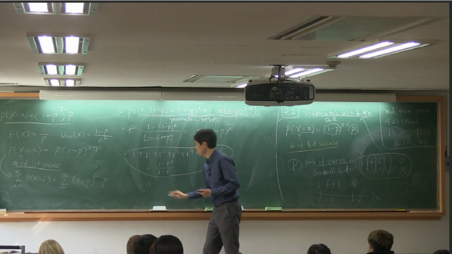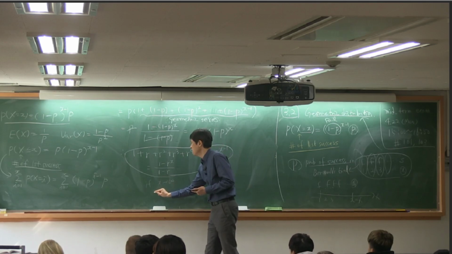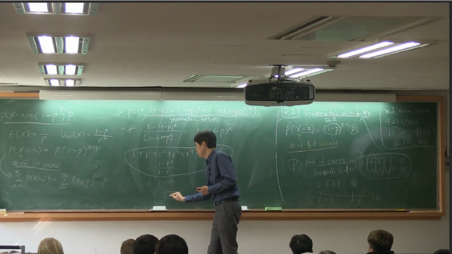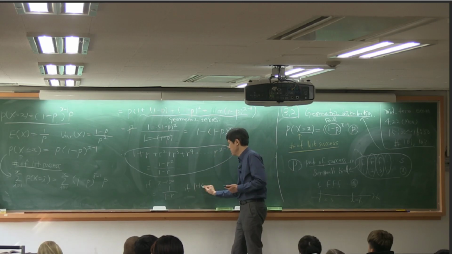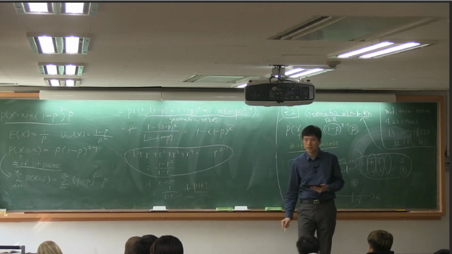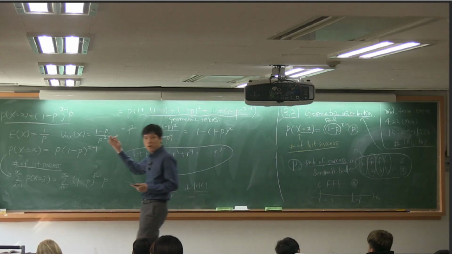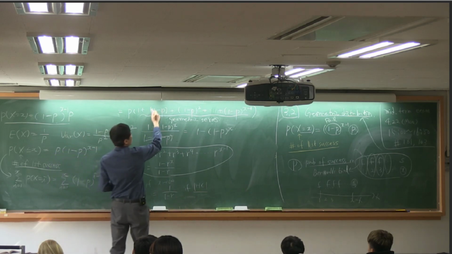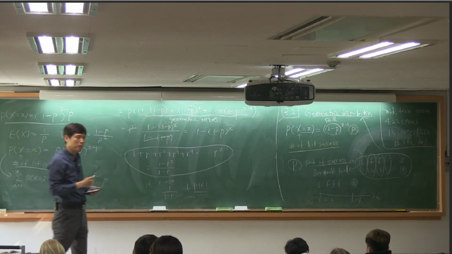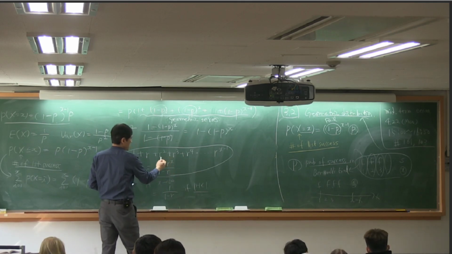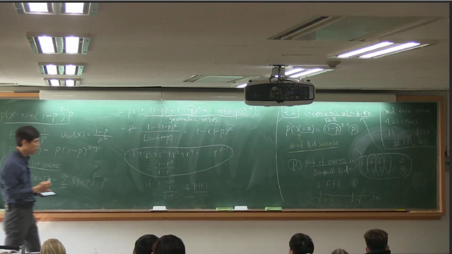For this kind of geometric series, if x goes to infinity, then this becomes 1 divided by 1 minus r. But in that case, the magnitude of r should be less than 1. In our case, we are handling probability, so this number is always less than 1 in magnitude, because it is between 0 and 1. So that is the geometric distribution.